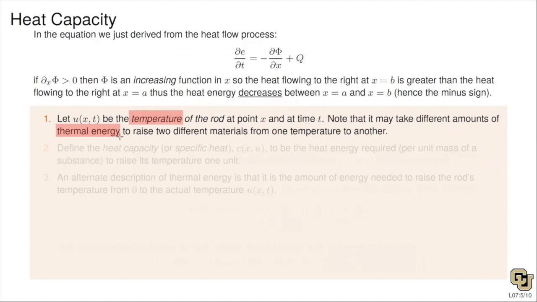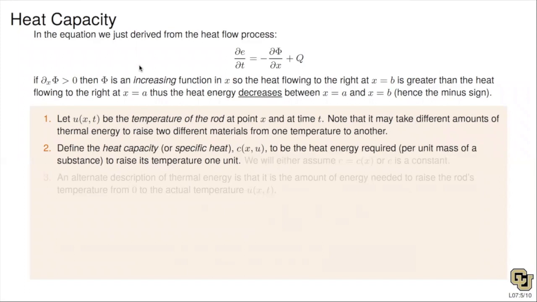Some metals will heat quicker than others, right? And so we introduce the concept of heat capacity, also known as specific heat. This is the heat energy required to raise the temperature of whatever substance 1 unit.